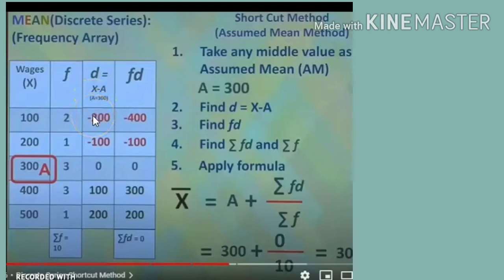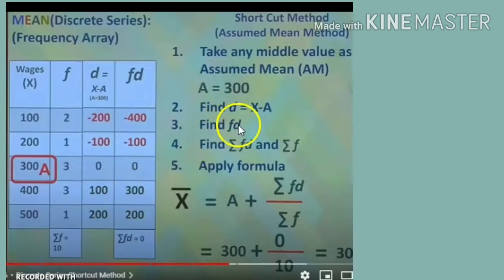The first answer is 100 minus 300, that is minus 200. Next is 200 minus 300, minus 100. Next 0. Then 400 minus 300 is 100. Next 500 minus 300 is 200.